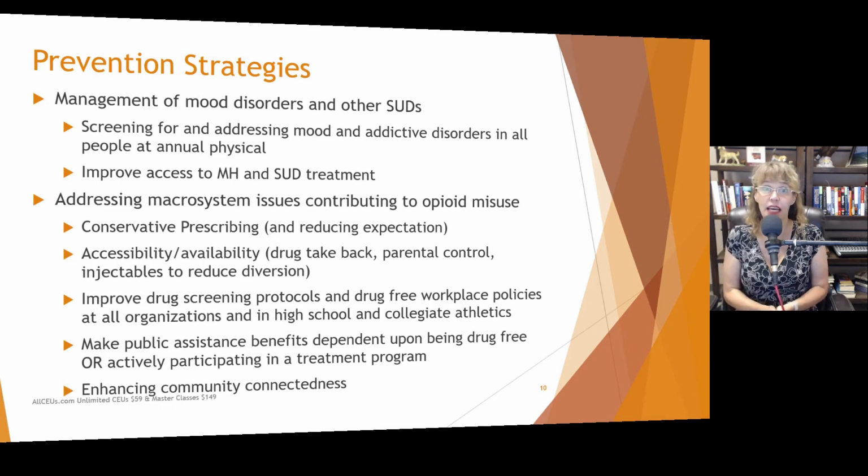Some of that may be opening up or increasing the number of virtual IOP programs that are out there, getting creative about how we improve access, especially in the rural areas. If you're in Nashville, if you're in Miami, there are probably 24 treatment centers. But if you get outside of that area, even 20, 30 miles, you may not have near the array of services available. So we need to figure out how to make that access available, and available early.